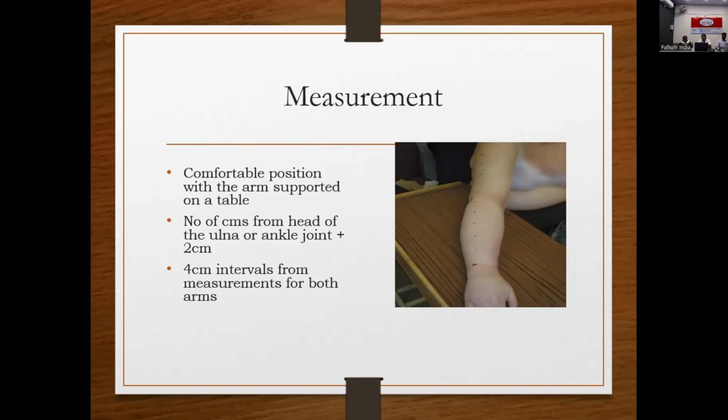Note the points first and take the circumference at each point. From there, every 4 centimeters up to the shoulder or up to the inguinal area. So that is the measurement.